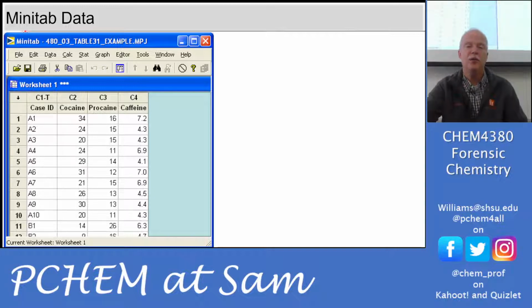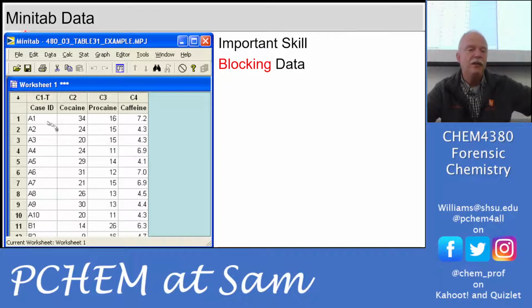Now, one thing I'd like to point out is this skill of blocking data. Notice how the cases, or these little baggies, there were 10 analyzed in each little group. Notice how they're labeled: baggie A sample 1, bag A sample 2, bag A sample 3. If you were to do statistics on this set of 4 columns, it wouldn't be very useful at all, because every row is a unique identified row.